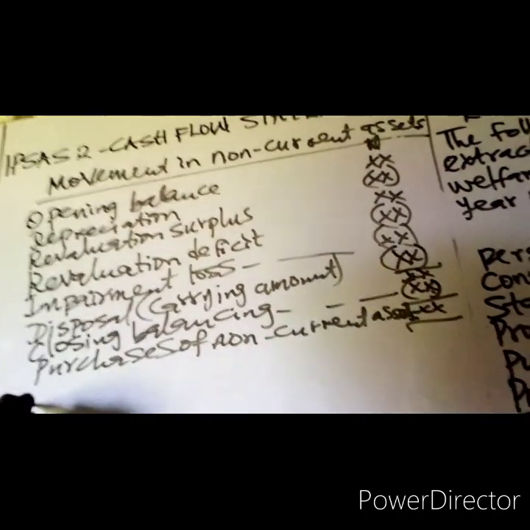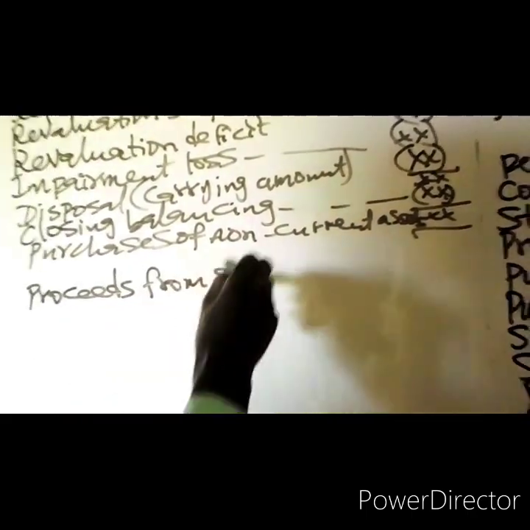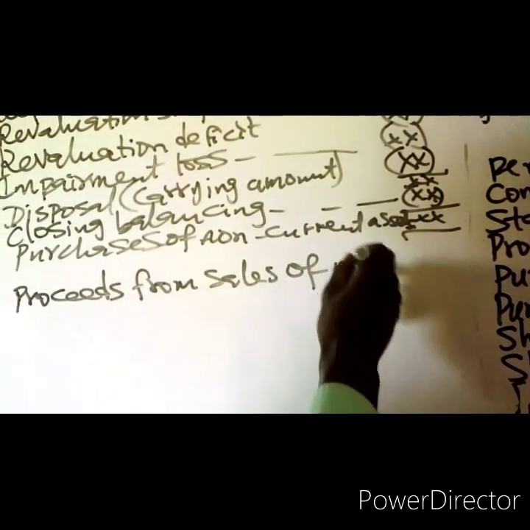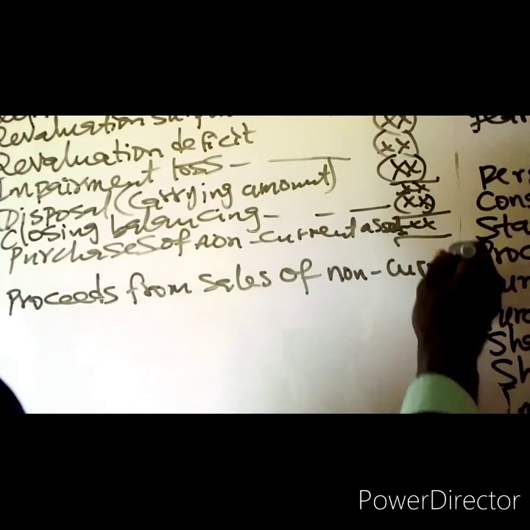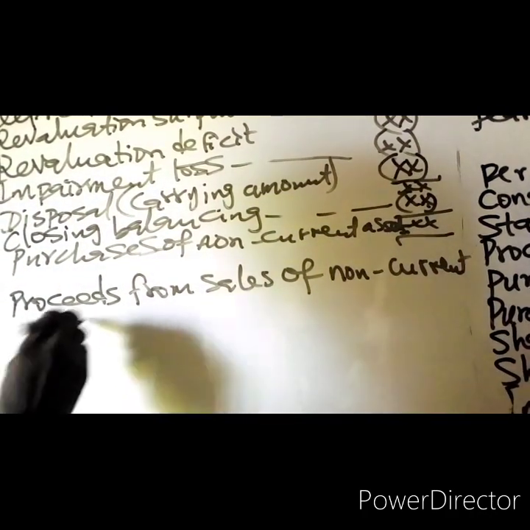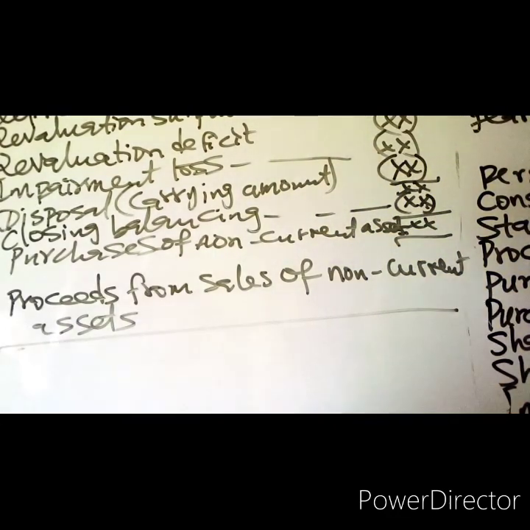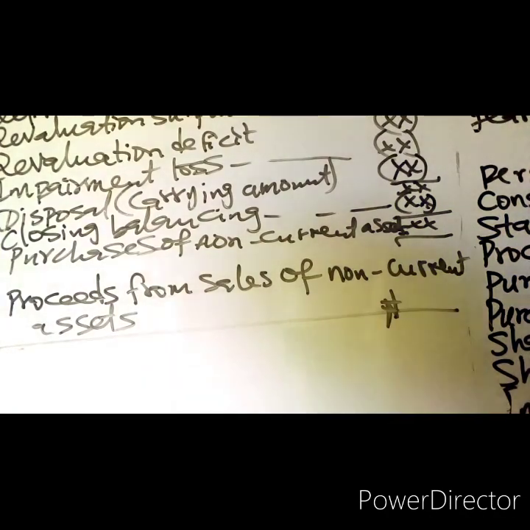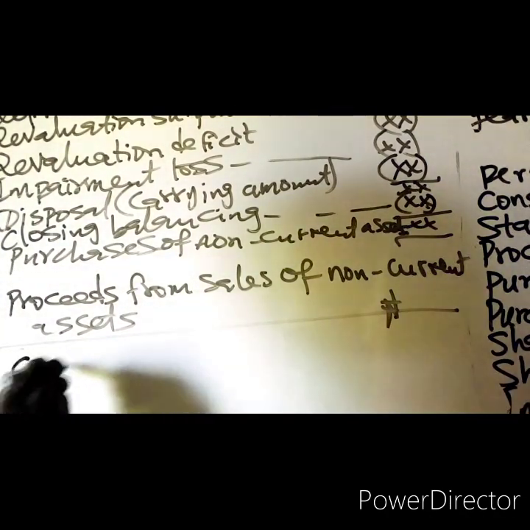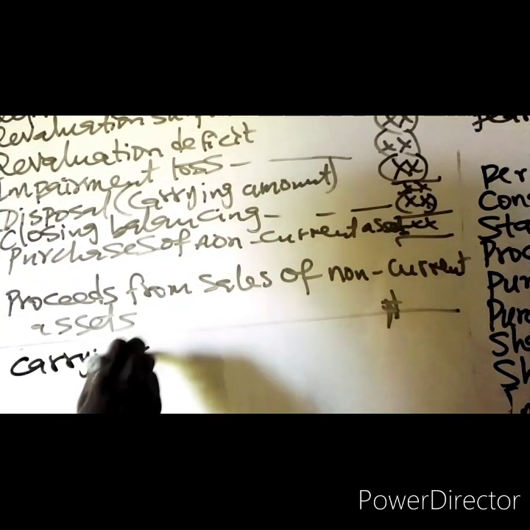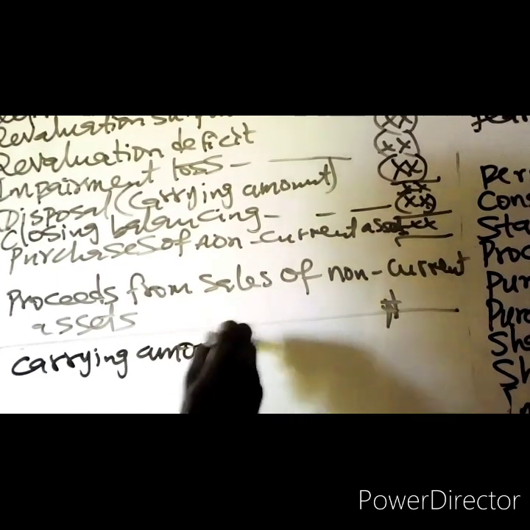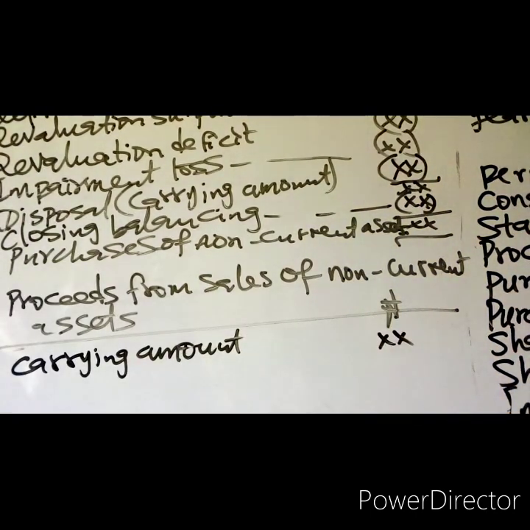Then to get the proceeds, you may not be given the proceeds from sales of non-current assets. Proceeds from sales of non-current assets. You start with the carrying amount of the non-current assets sold. The carrying amount of PPE disposed. Let us assume we have the PPE, its carrying amount.